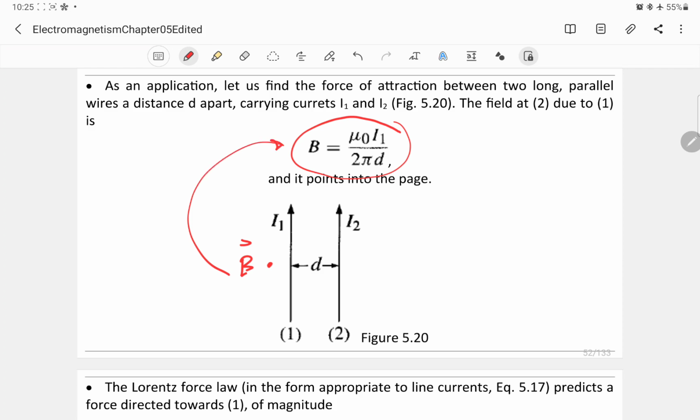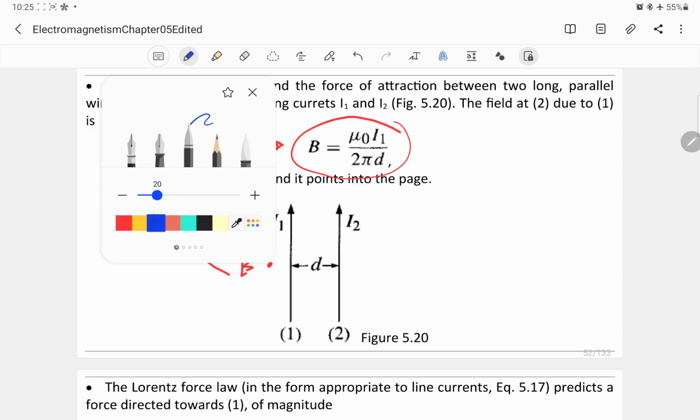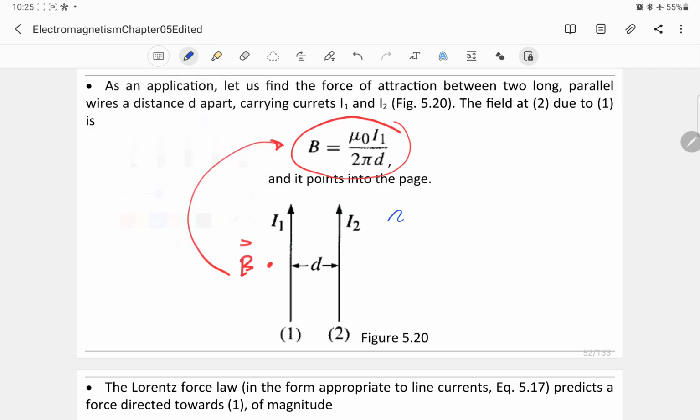So that's the force there. If you cross I1 using your right hand to B, then it will give you a force in this direction.